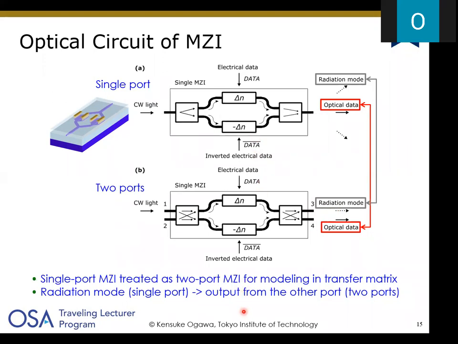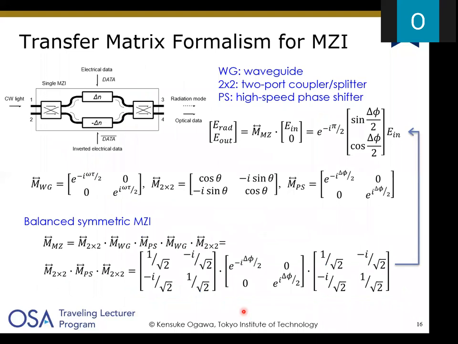Why this two-port scheme is important is represented in this slide. If you utilize the two-port scheme, you can use a very simple transfer matrix method to deal with the Mach-Zehnder interferometer mathematically.